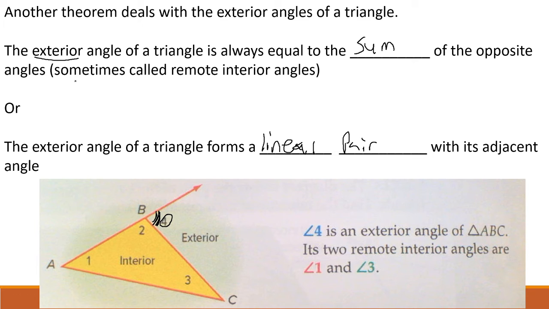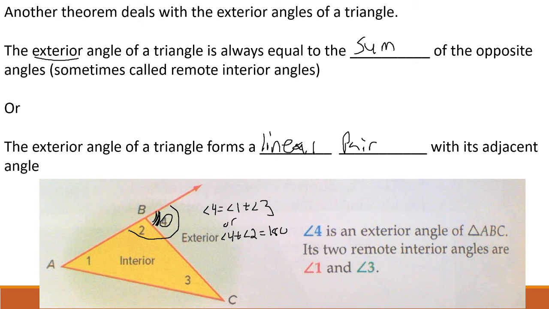So what these two theorems are saying is that angle 4 is equal to angle 1 plus angle 3. So it's equal to the sum of the two angles it's not attached to. Angle 4 here is attached to angle 2, right? Or, I should say and, because they're both happening at the same time, angle 4 plus angle 2 equals 180, because they form a linear pair.